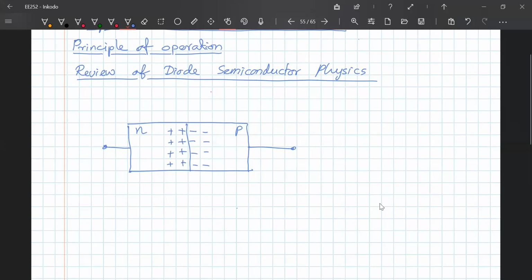Why do we call it depletion layer? It is depleted of charge carriers. Depleted means you have removed them. There are no charge carriers. So therefore, we call this the depletion layer. The depletion layer, because you don't have charge carriers, is highly non-conductive, because there are no charge carriers to support electric conduction.